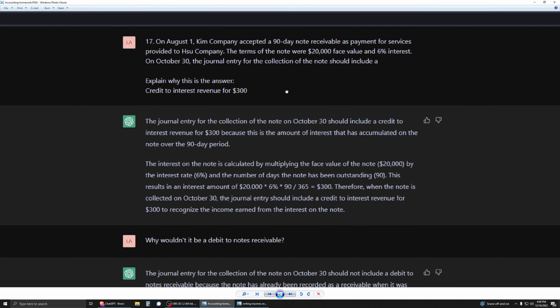So ChatGPT will tell you how that answer was derived from that question. And see, it's pretty good at doing that. But if you didn't know the answer, I wouldn't guarantee you that the answer would be right. Like if I didn't have this answer here and I just told it to solve this, it probably wouldn't even get it right. Sometimes it does, sometimes it doesn't.